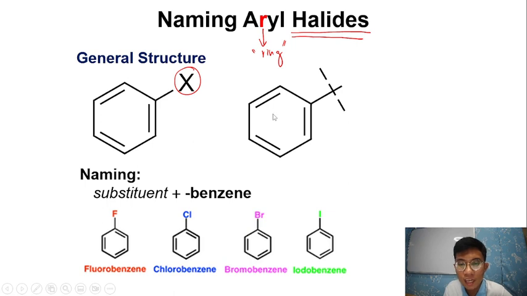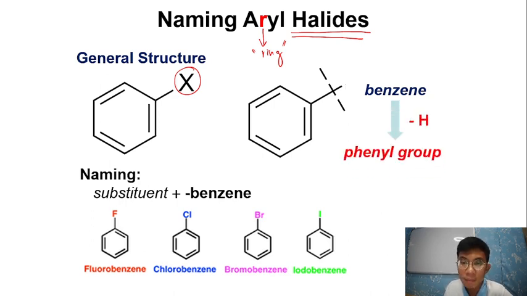So if you want naman the common name, meron din tayong common name. So ito kasi, we call that your benzene. So if you remove, di ba, pag benzene ring siya, one hydrogen, then that becomes your phenyl.